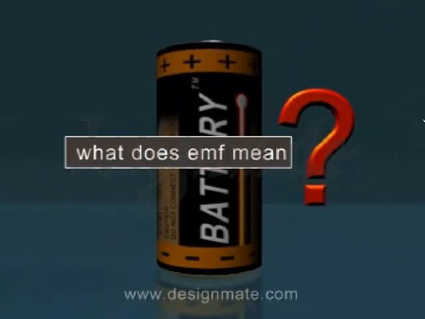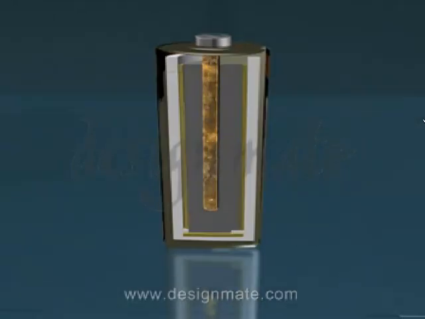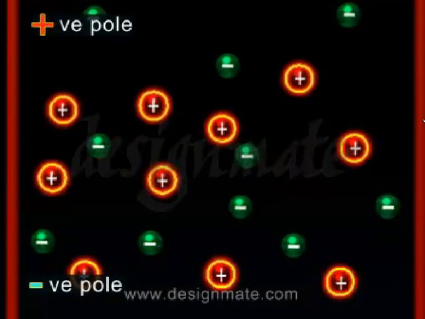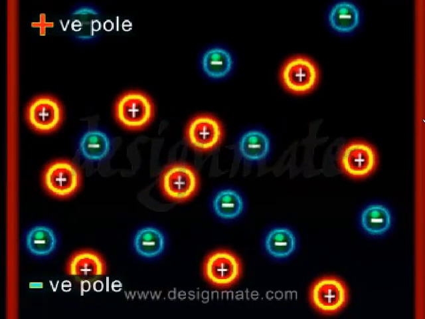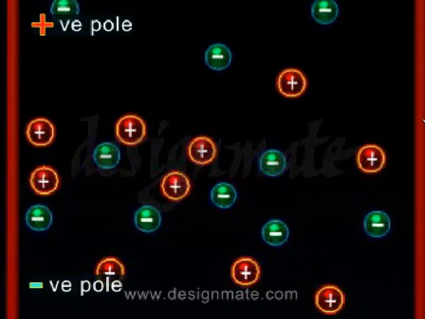What does EMF mean? We shall take the example of an electric cell in order to understand EMF. Let us consider the outline of a battery. There are positive and negative electric charges present in the material of the battery.